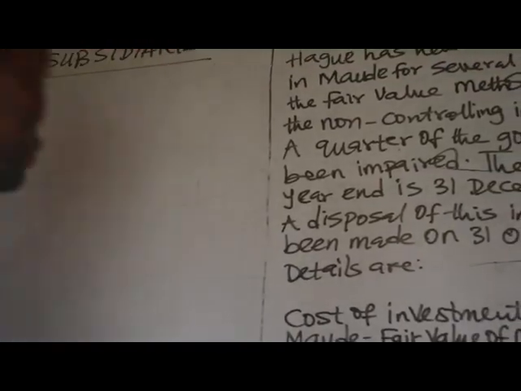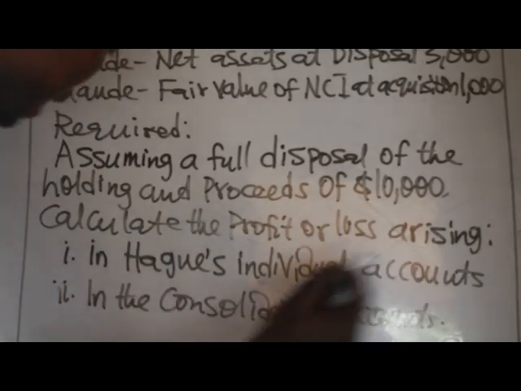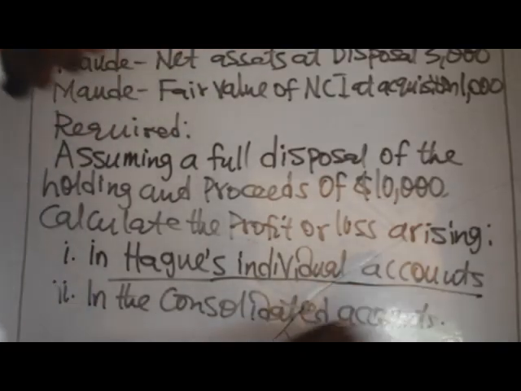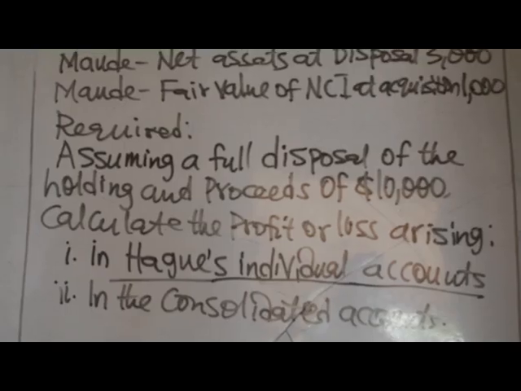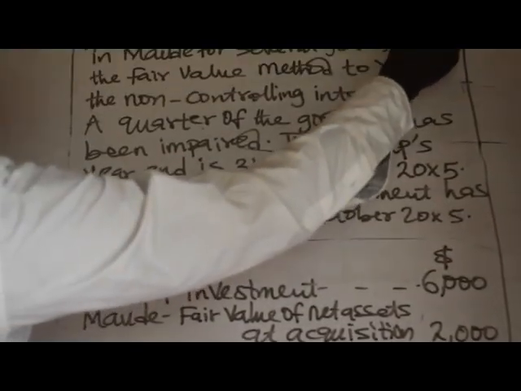Now let's have the solution. In requirement 1, you have to calculate the profit or loss arising in ACCA's individual accounts. ACCA is the parent company that had a 60% investment in Mailed.